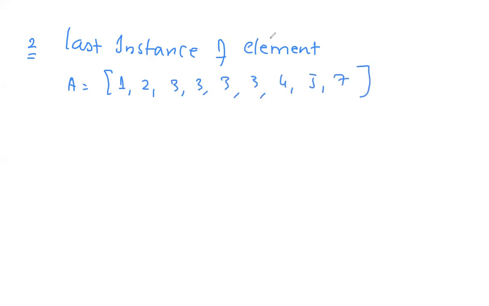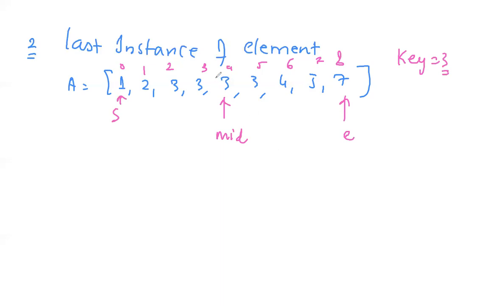We want to find the last instance of 3 in this array. Step number 1, write the indexes on top of the array. It makes our life easy. What is the mid of this array? The start is this, the end is this. The key I'm looking for is 3, so I'm finding the last instance of 3.